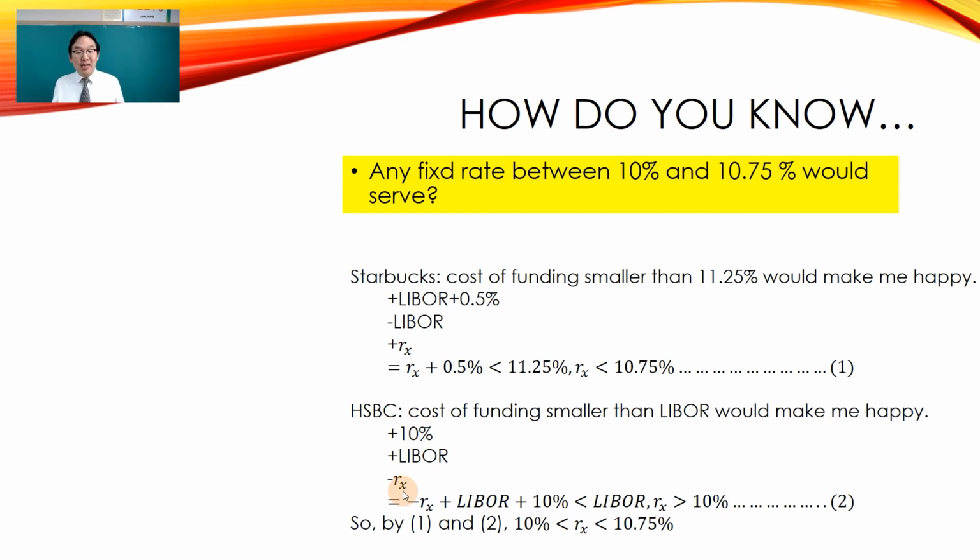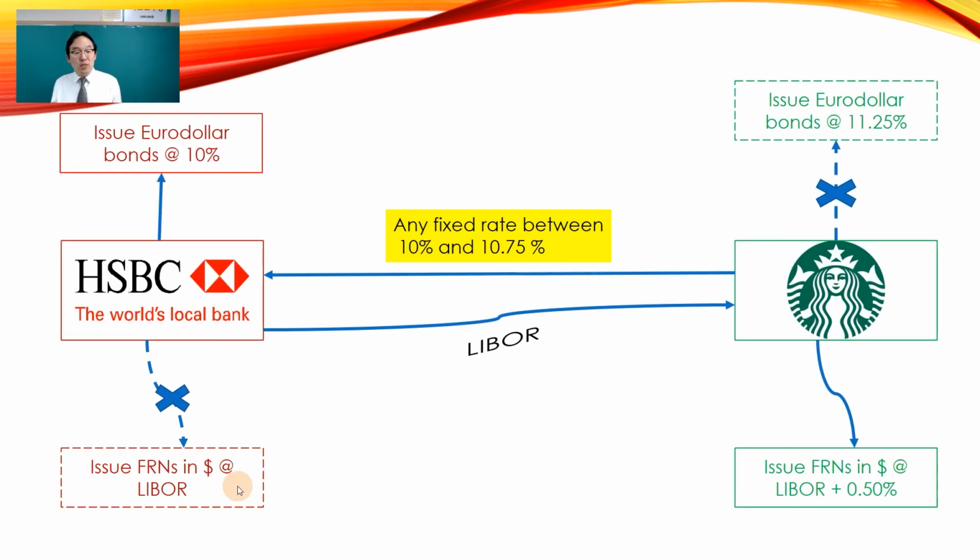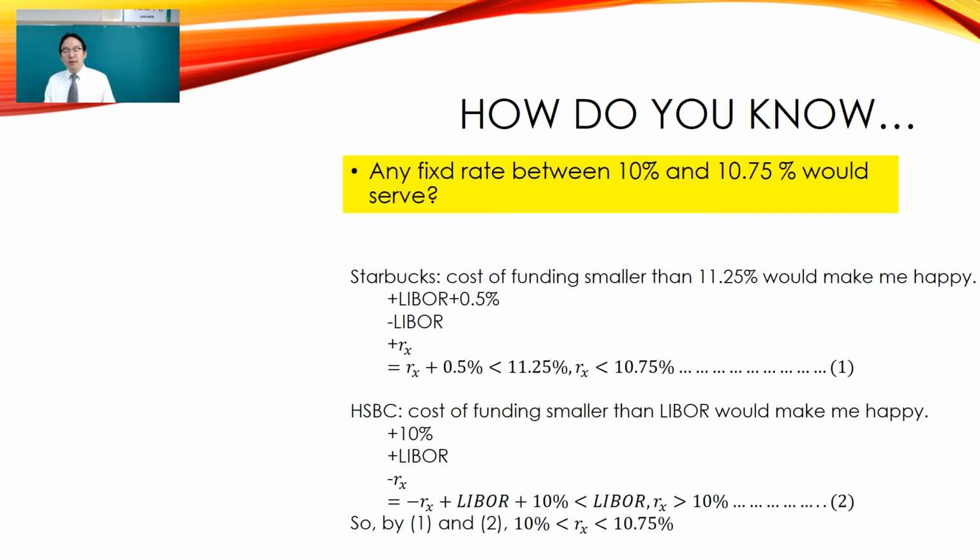As long as this is less than LIBOR, which is the original situation where HSBC just simply goes to the floating rate market, then RX should be bigger than 10 percentage point.